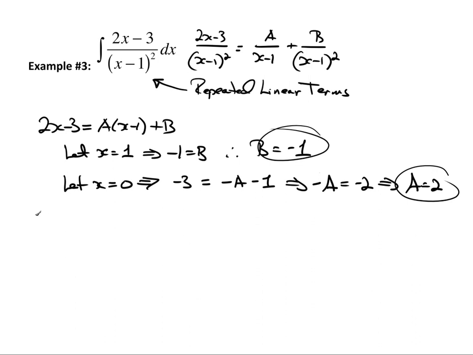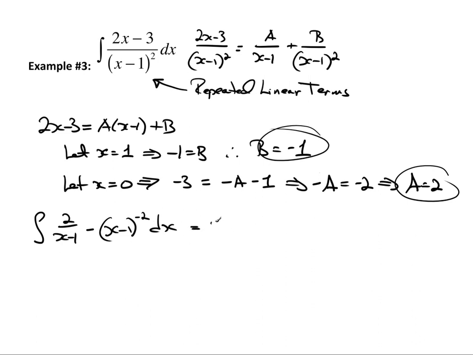So now if I integrate this, I have the integral of 2 over (x minus 1), plus, with a negative 1, so I'm going to make it negative. Rather than 1 over (x minus 1) squared, I'm going to write this as (x minus 1) to the negative 2 dx. That way I can just jump in and do the integral.